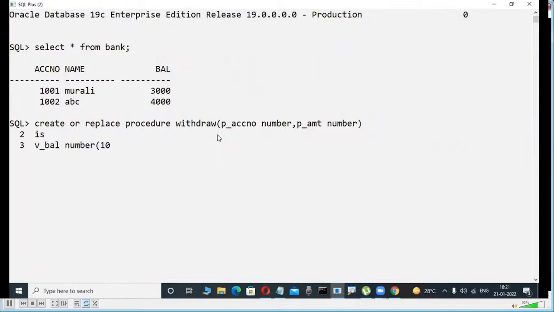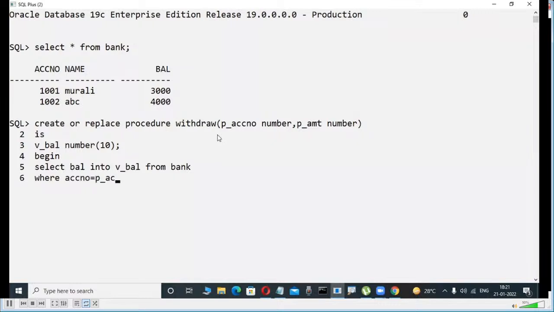Whenever we insert an ATM card and try to withdraw, it checks the balance. Concentrate here. Select balance into v_balance from bank. You don't have an idea about these things, but logically observe it: where account number is equal to something.